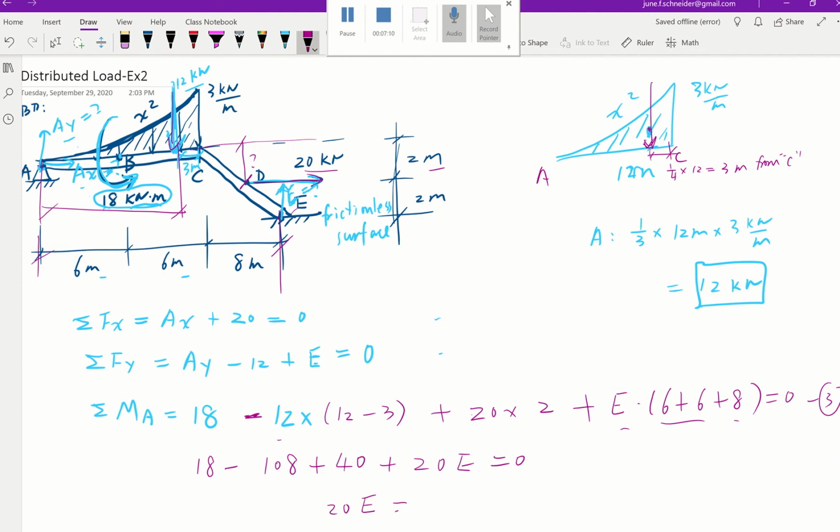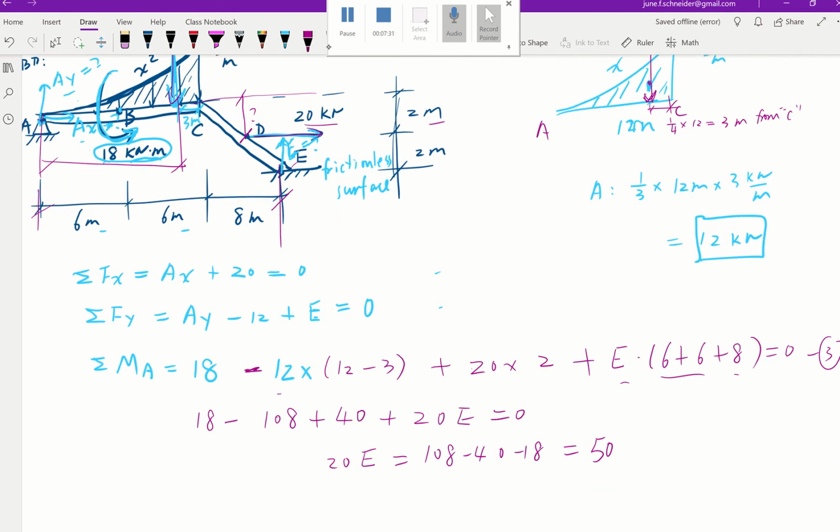Our 12E is going to be 108 minus 40 minus 18, and I think that's going to give us 60. Nope, that's going to give us 50, I think. Okay, then we can solve our E, which will be 2.5, and the unit will be 2.5 kilonewton.